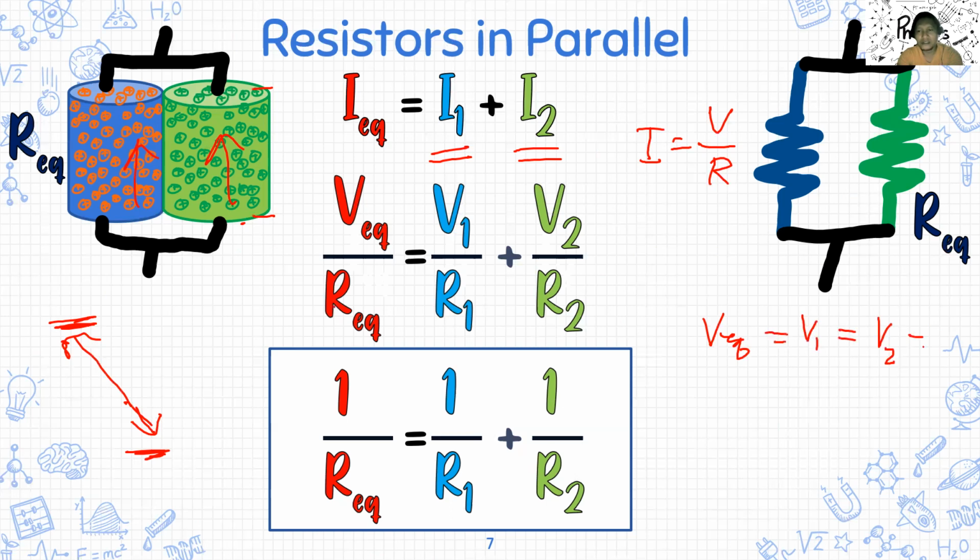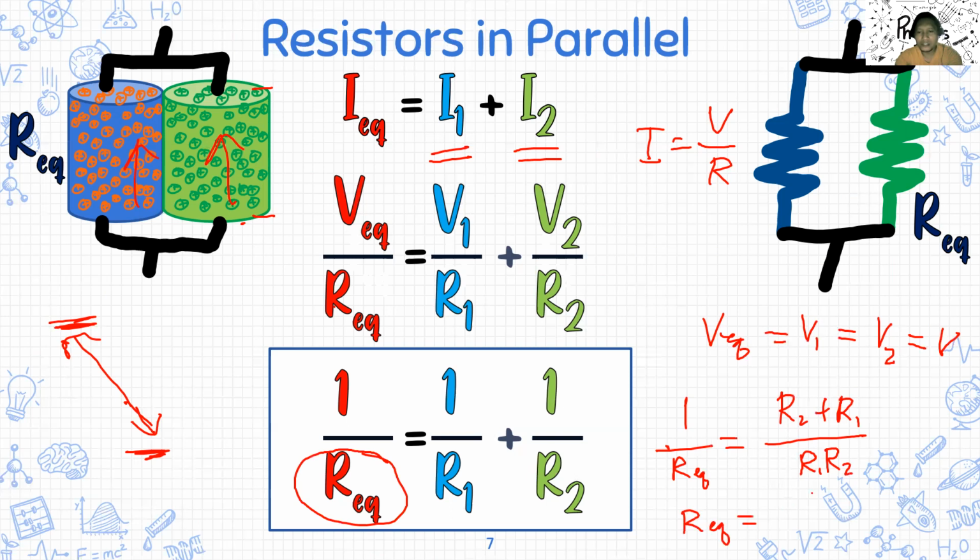Pwede na siya i-assign og constant V. So divide all of these terms, ma-maintain nimo ang equality, mawala ang V. So we can compute the equivalent resistance using this equation: 1 over Req equals 1 over R1 plus 1 over R2, so by common denominator, R1 times R2 over R1 plus R2, then i-reverse na nimo. So R equivalent is equal to R1 R2 over R1 plus R2. Okay? Kuha na ni.